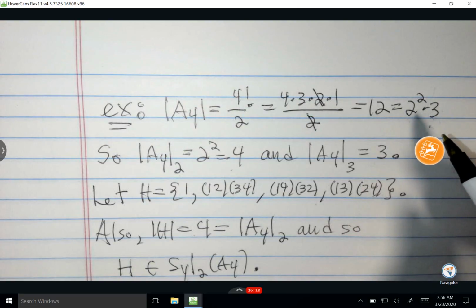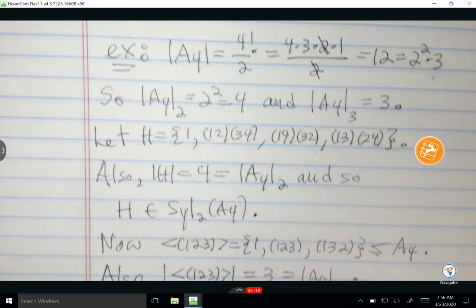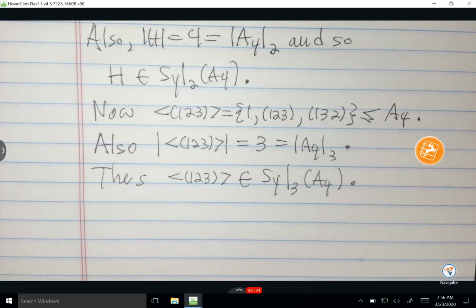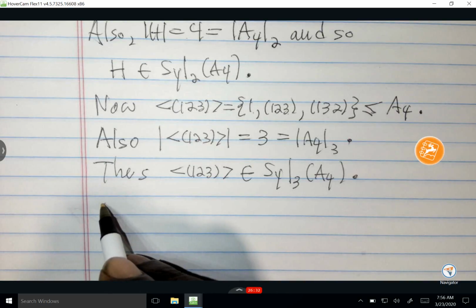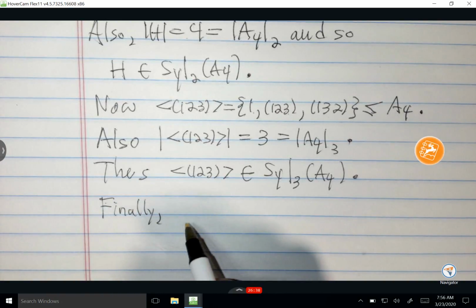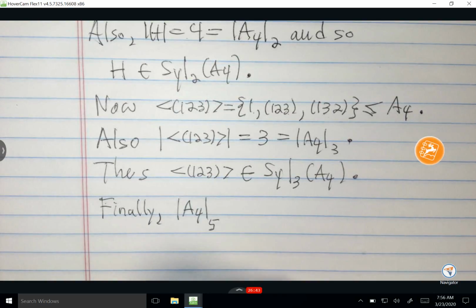Okay? So let's examine the 5th part of A4. So I'll just say, finally, if we look at the 5th part of A4, the notation just means it's that. That's just a symbol that we agreed to call it a page ago.